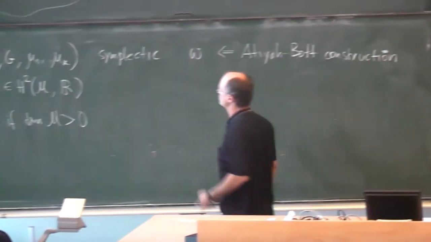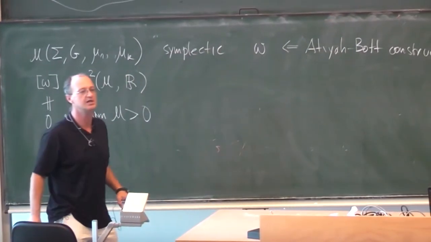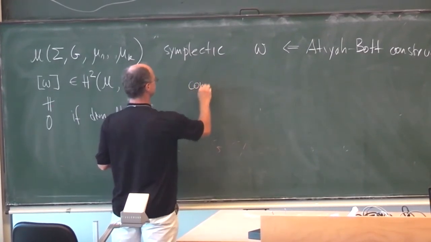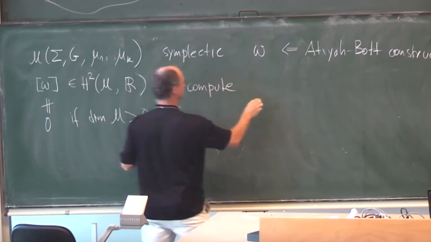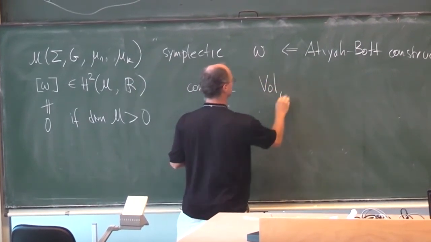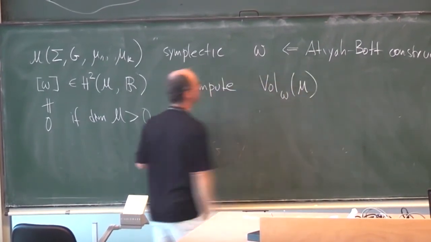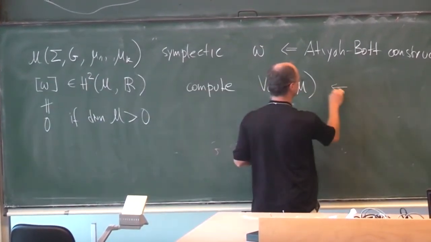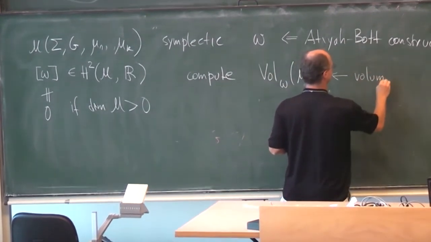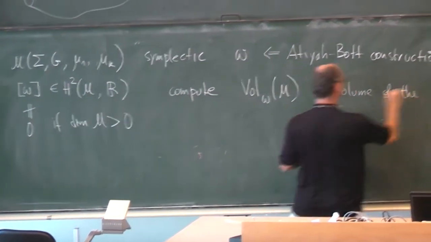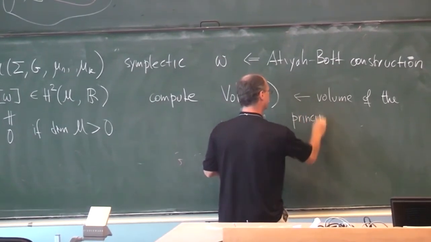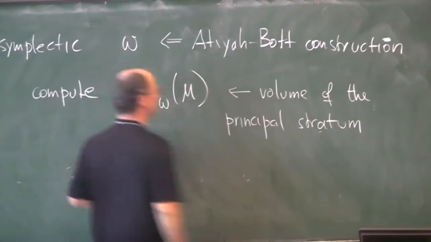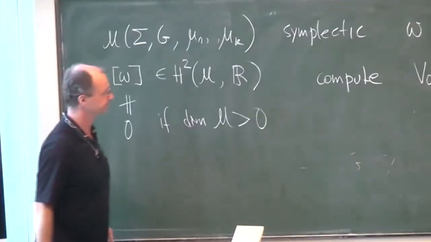But one simpler question that one can look at, and that's what we're going to do tomorrow, is try to compute the symplectic volume of M. Here, since in general it's not smooth, perhaps one should say this is a volume of the principal stratum. So we are avoiding those smaller dimensional places.